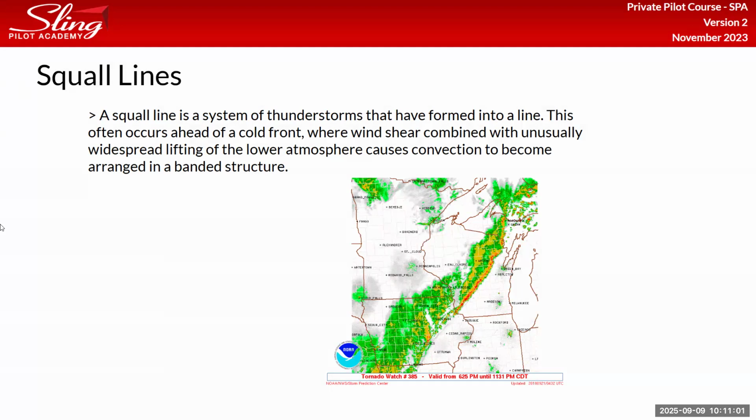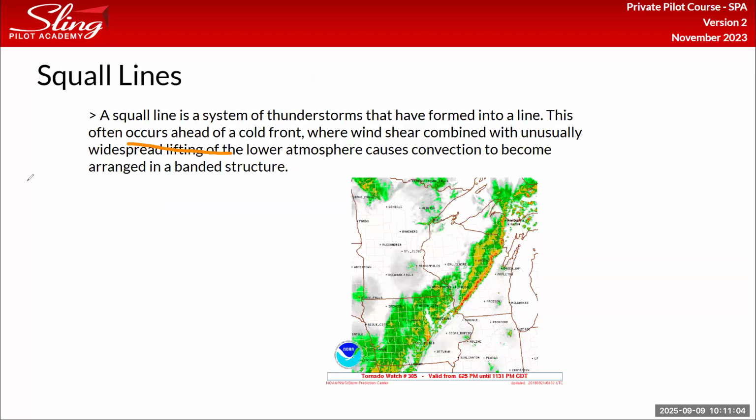What we want to know is it usually occurs ahead of a cold front, where wind shear combined with widespread lifting action causes convection to become arranged in a band of thunderstorms. This is squall line thunderstorms.